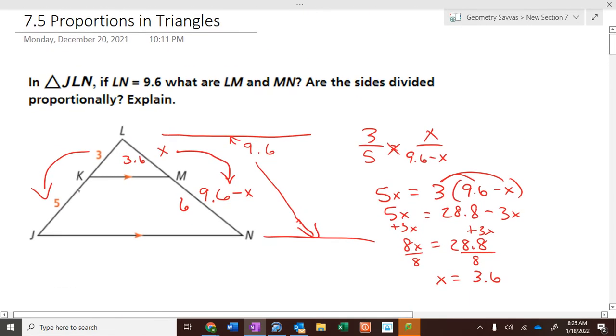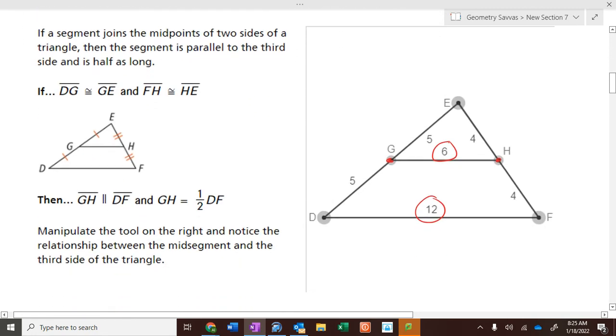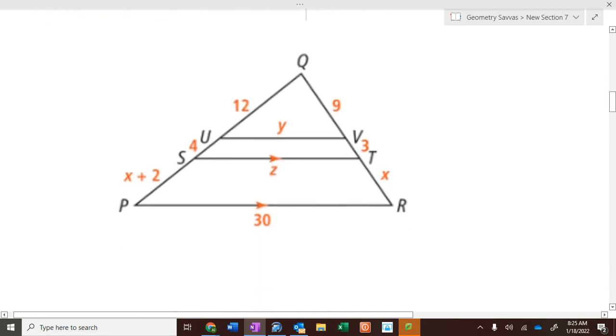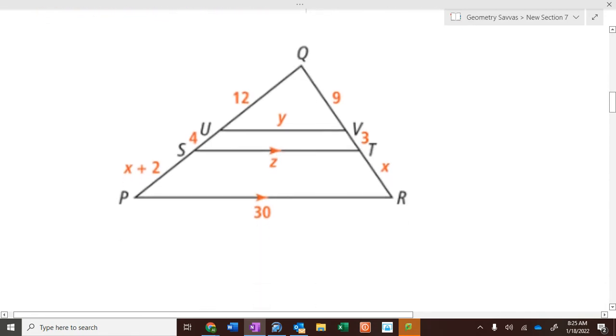Up here, this one didn't hit at the midpoint, so we couldn't say anything about that. But when we hit at the midpoints, the side splitter will be half the size of the line it's parallel to.